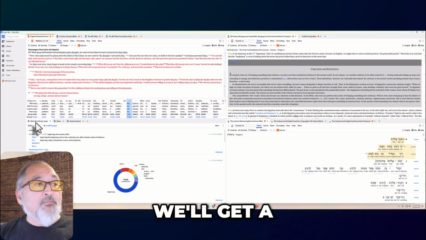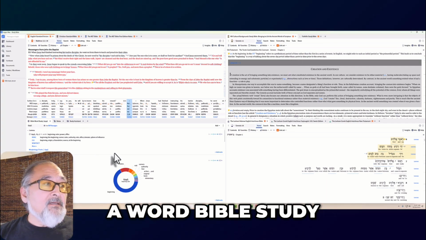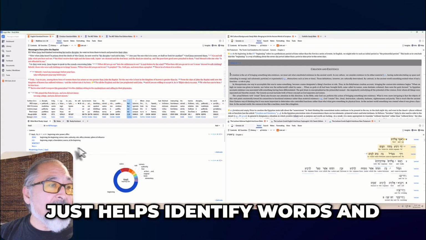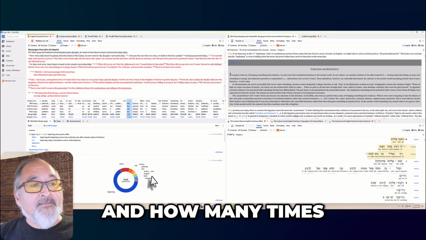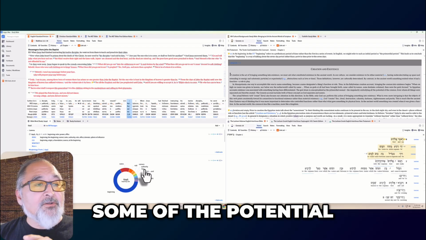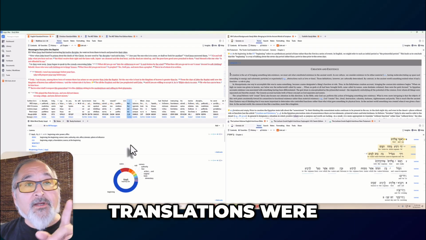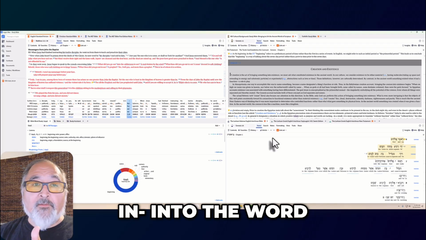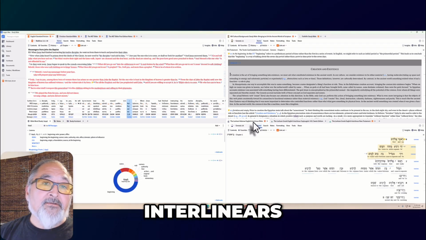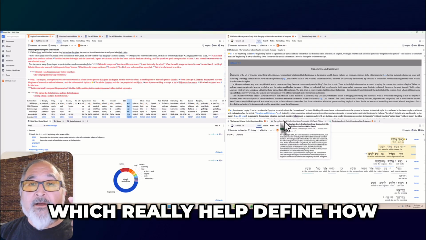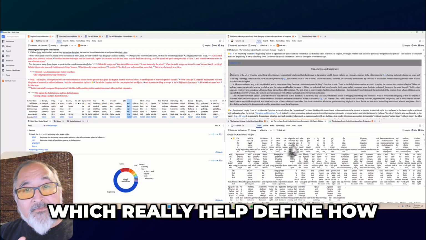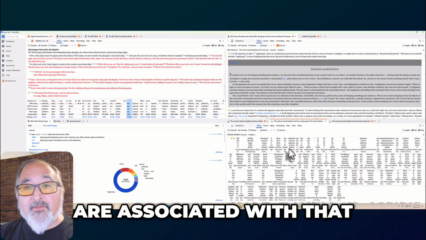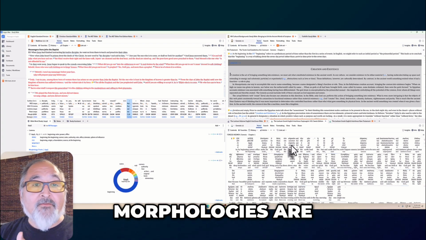And then we'll get a Bible word study app here, which once again just helps identify words and how many times they're used and what some of the potential translations were, and that's nice. And then when I get really deep into the words, you need to have interlinears, which really help define how everything was laid out, what the Greek words were, what the English words are associated with that, what the different morphologies are.